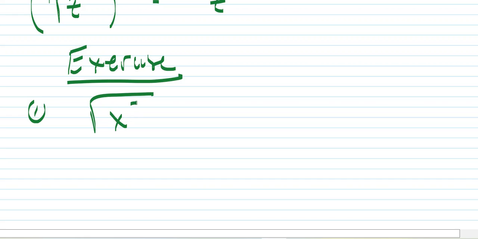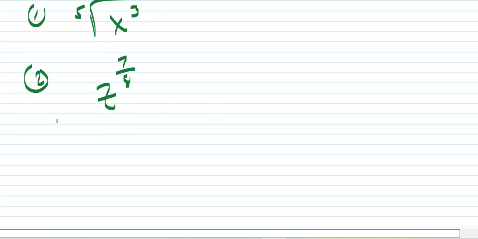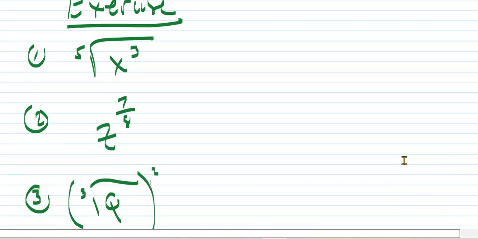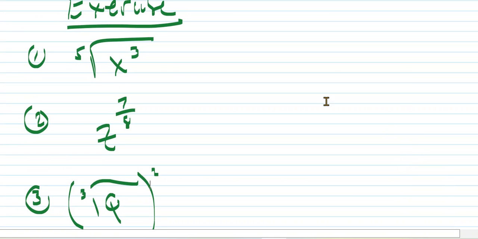So x, here we have this one. 2, let's take z to the 7/8 power. And number 3, let's have q to the cube root, all raised to the 2nd power. So stop the video, do these 3 problems, and then see how you did.